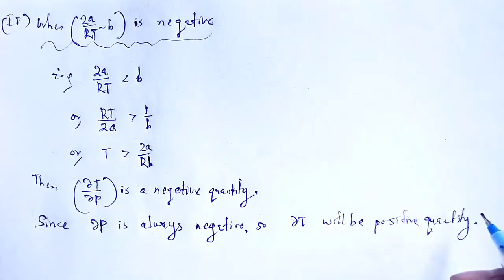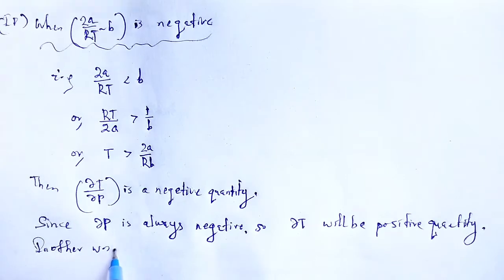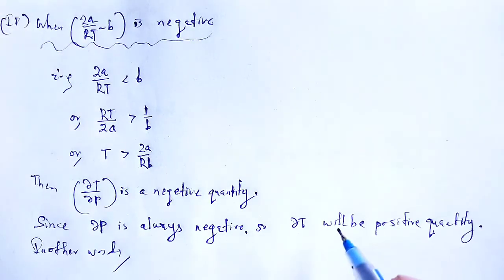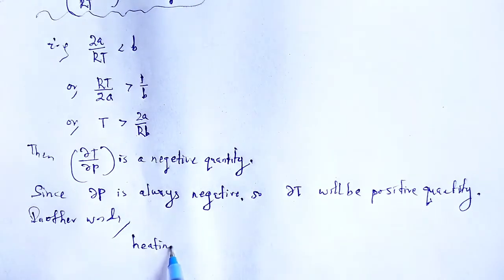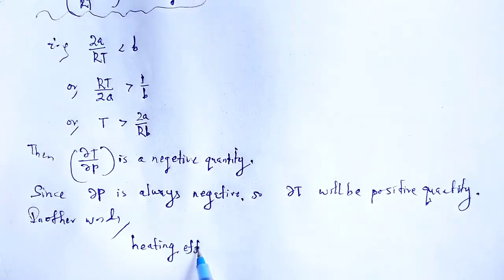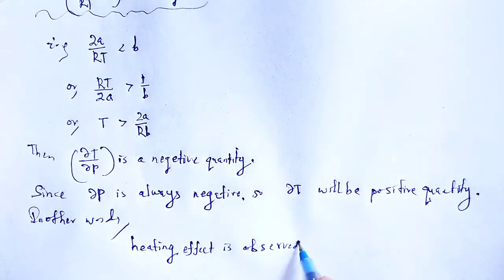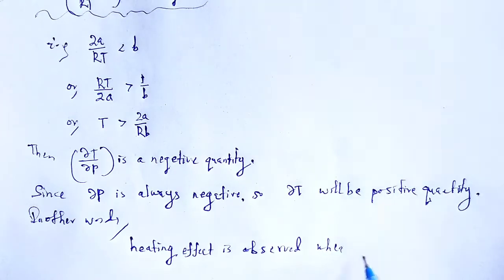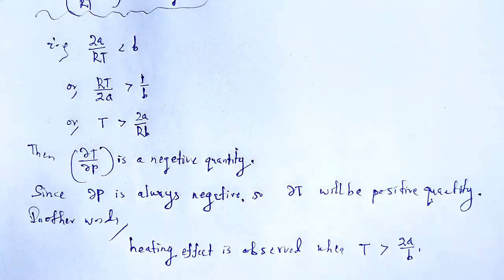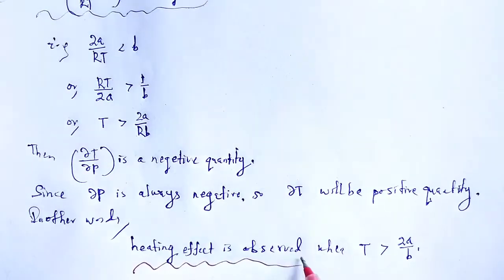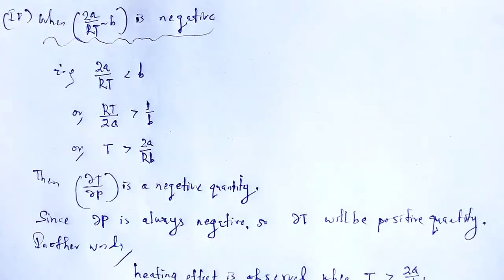In other words, heating effect is observed when temperature is greater than 2A by RB. Heating effect is observed here when 2A divided by RT minus B is negative.